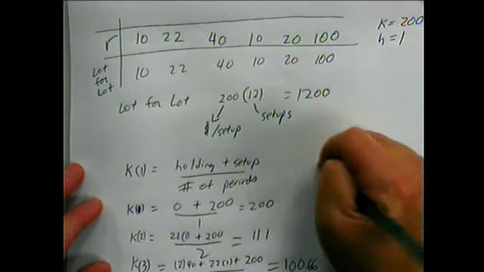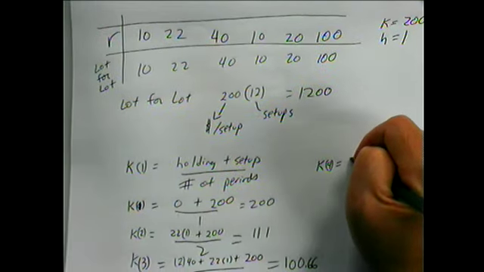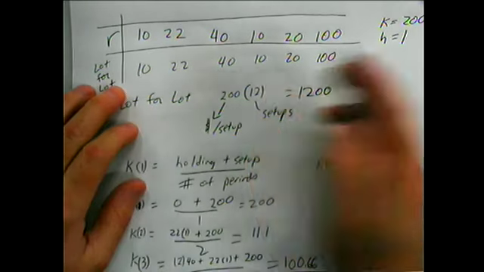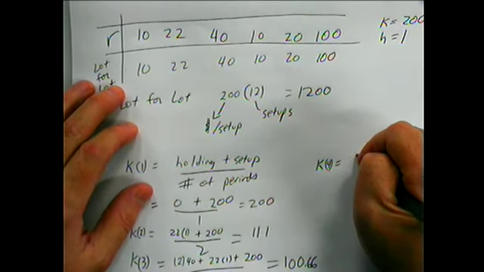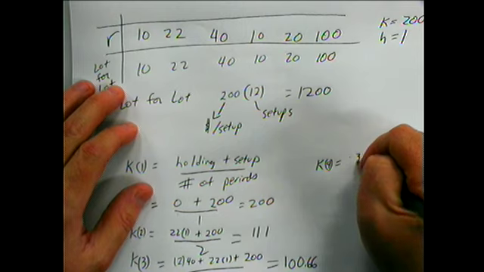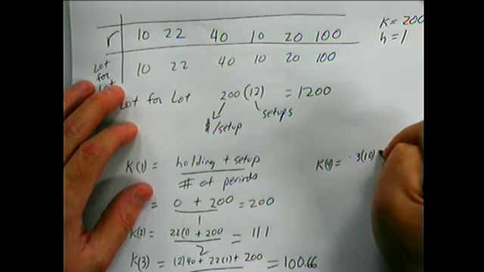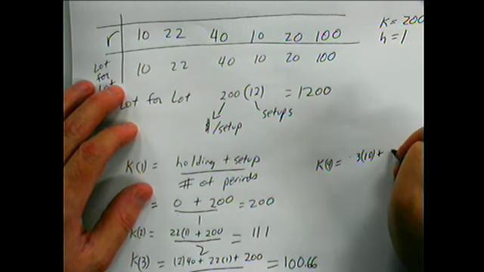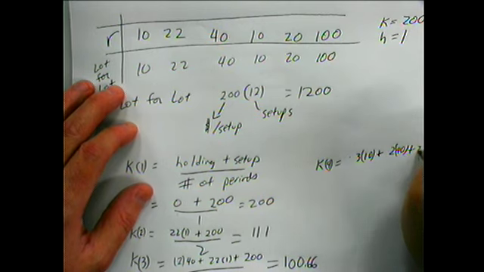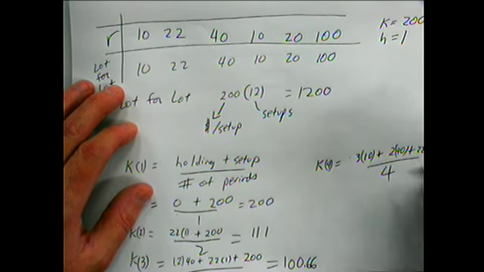So K4 would be, now we've got to hold it out to there, 3 times 10 plus 2 times 40 plus 22 times 1 plus 200 divided by 4.